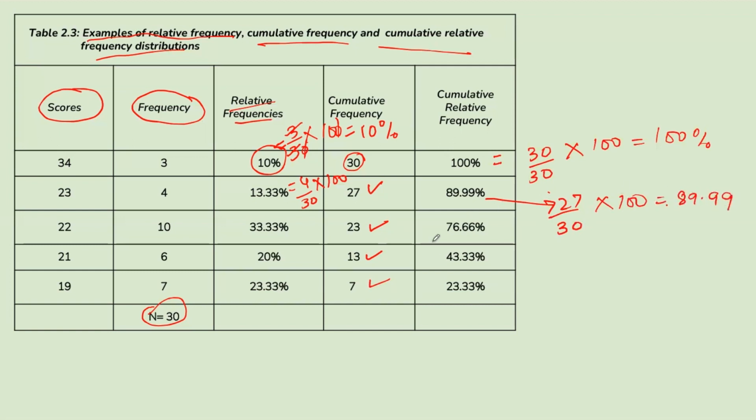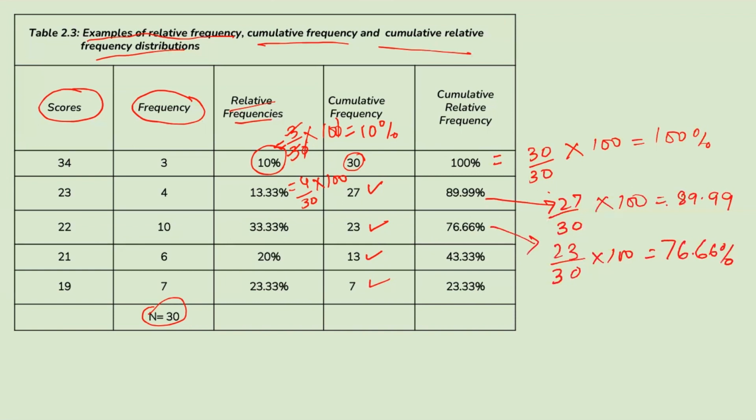Now this will be 23 divided by 30 into 100, so that will be 76.66%. So this is how we calculate the relative frequencies, cumulative frequencies and cumulative relative frequency distributions.